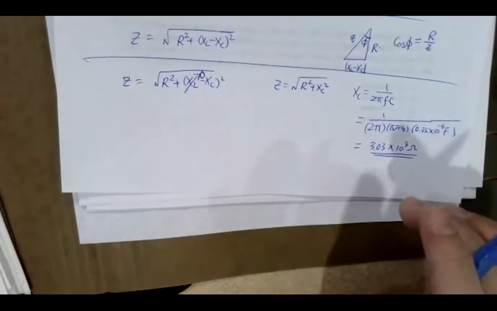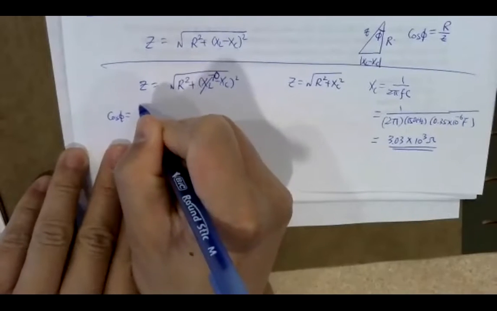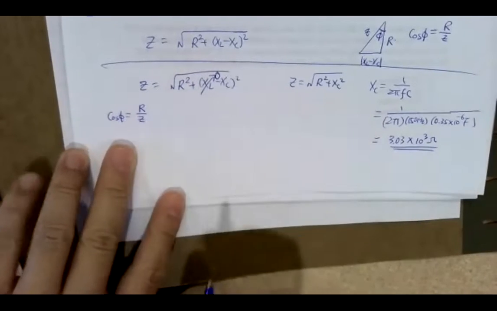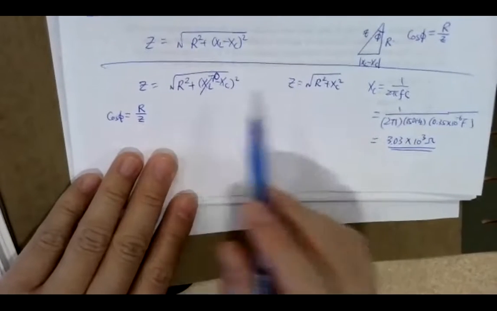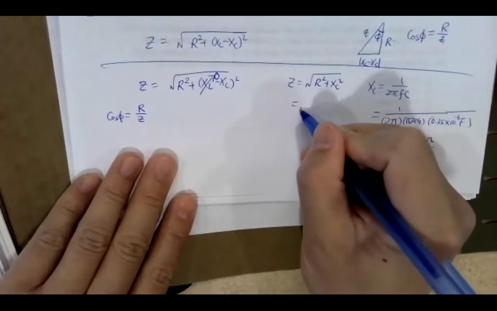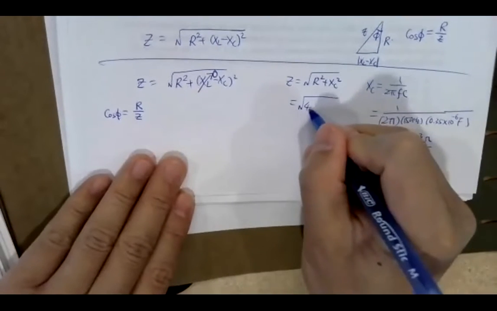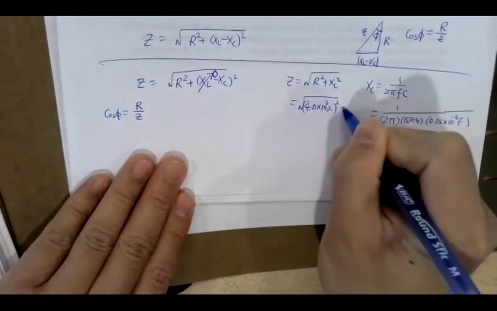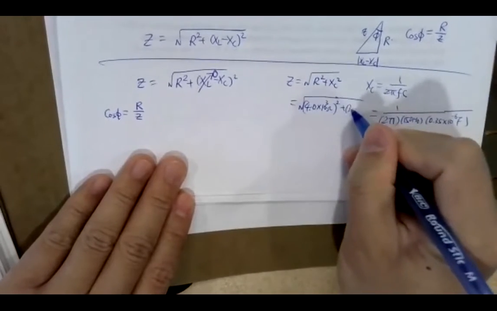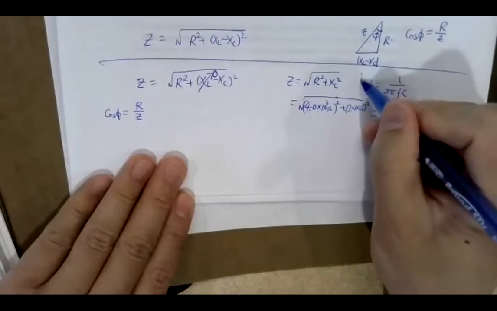You're looking for the power factor, you're looking for cosine of phi in this case, which is defined as R over Z, all right? Now you need to calculate your Z first because you have R already. Then you can calculate what's R over Z. So your Z is equal to the square root of 4 kilo ohms squared plus this guy's square, 3.03 times 10 to the third squared, okay?